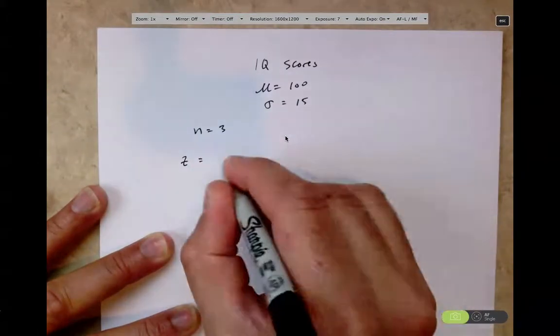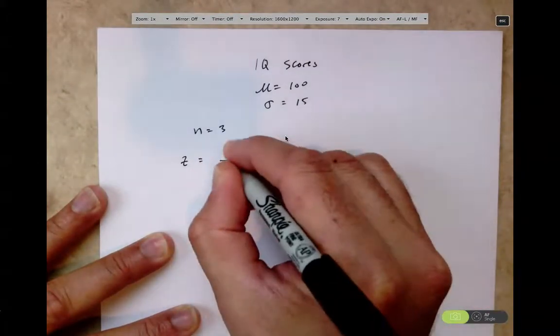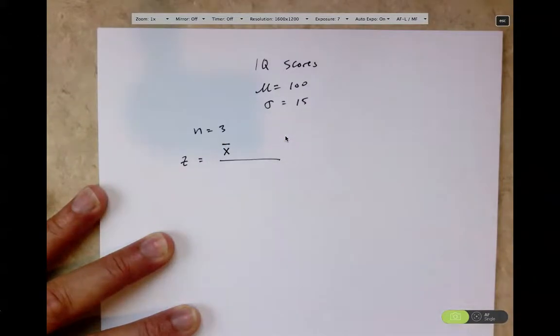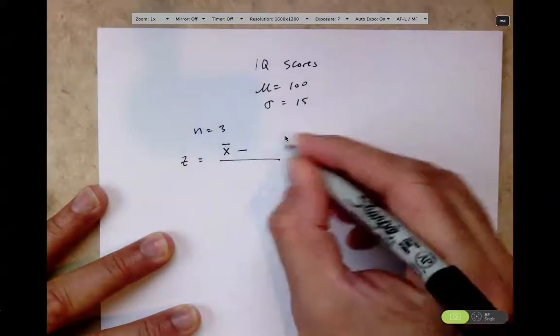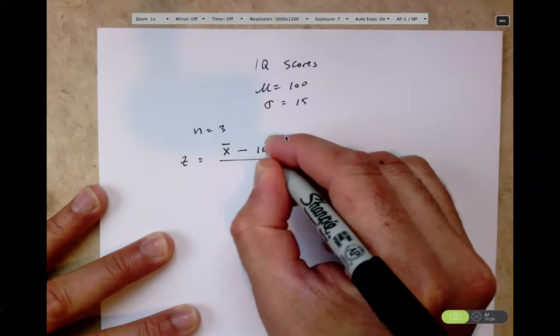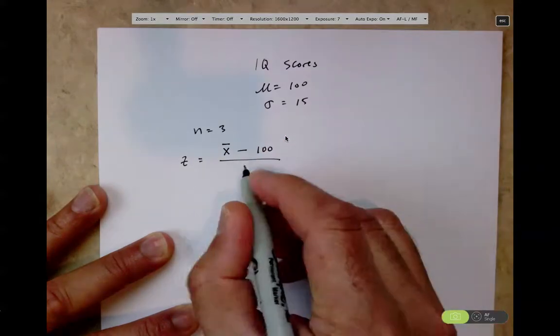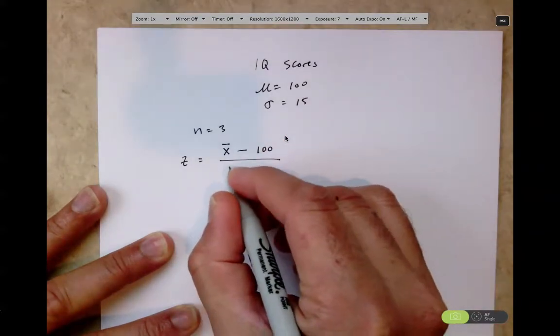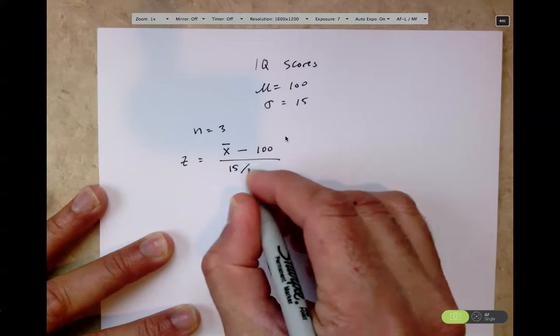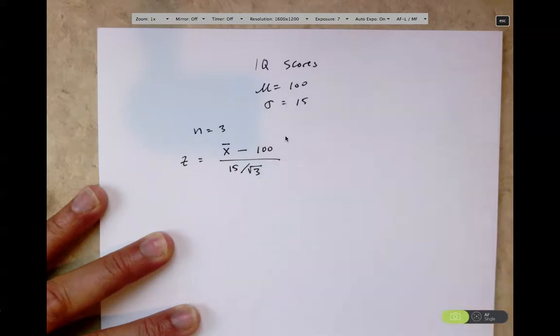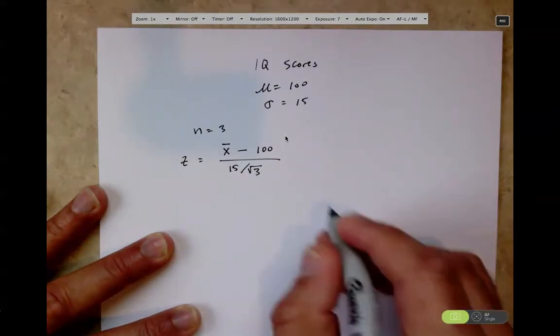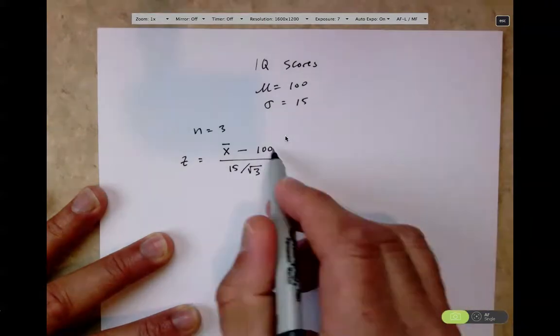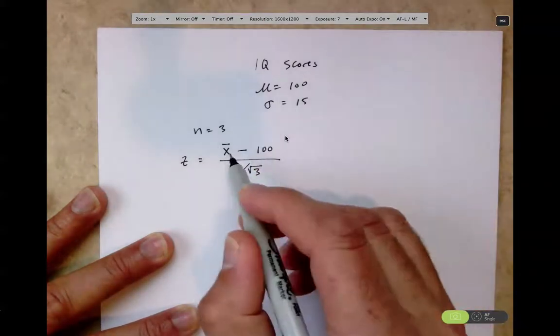Remember that z-score is just going to be x bar minus the mean, and the mean was 100, and then I'm going to divide that by the standard deviation 15 divided by the square root of 3. So when I calculate a z-score, it's going to be based upon the sample mean.